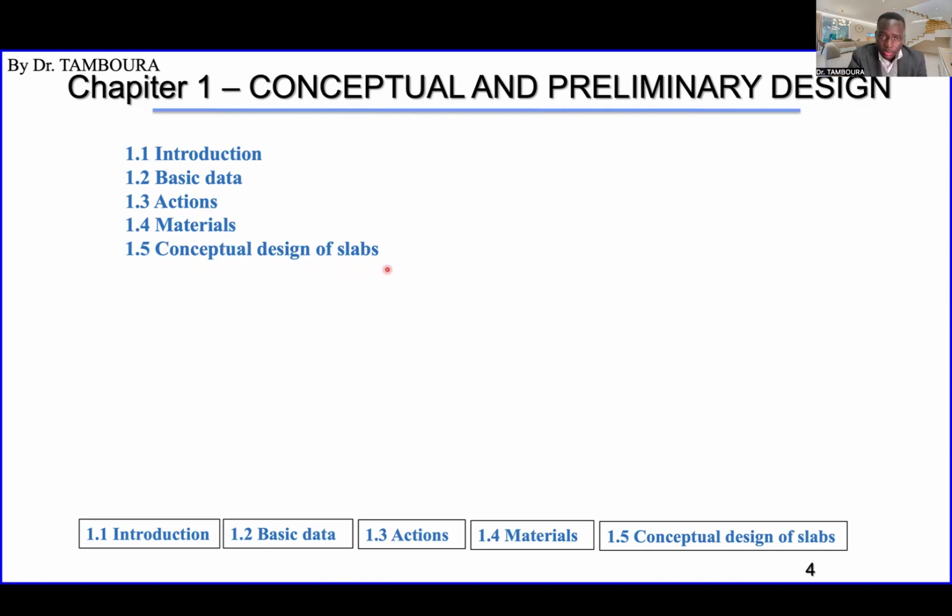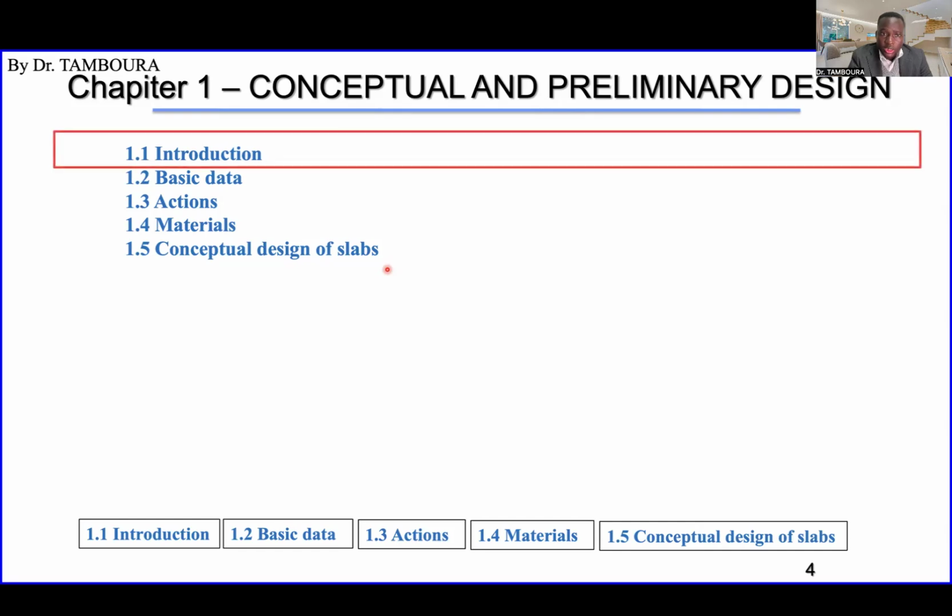For the introduction, we will introduce what is Eurocode 2, because we have about 10 of them. I think that is what we will be discussing today in this video. Introduction, only introduction. This video will be very short.